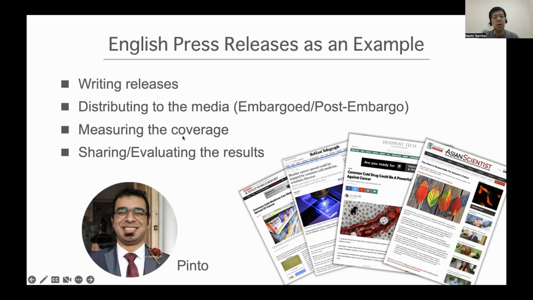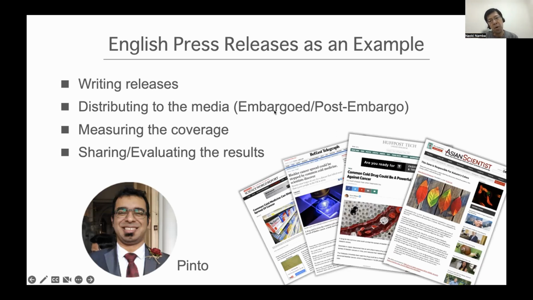For those who are not familiar with press releases, let me explain what embargo means. Embargo means it is before the publication of the paper. If you send out the press release to the media before the embargo, it means the people in the media will have some time to prepare their own news articles before the publication of the paper, so that they can publish their own stories on their news outlet as soon as the paper is published.